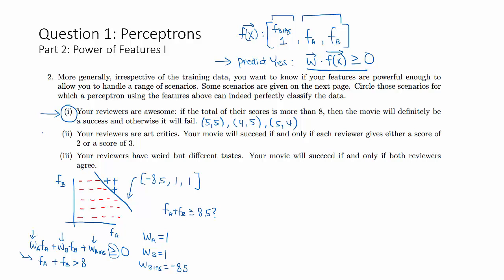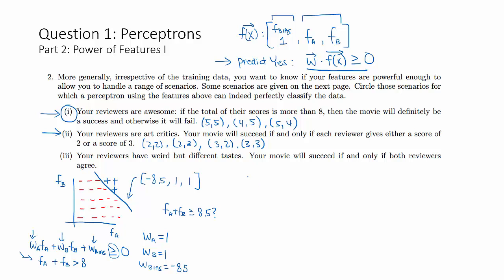Let's move on to the second subpart, which says that the movie will succeed if and only if each reviewer gives either a score of 2 or 3. Well, the points where the movie will succeed are if the movie is on the coordinates (2,2), (2,3), (3,2), and (3,3), because in these four coordinates, both reviewers gave it a score of 2 or 3, and for any other coordinate, well, at least one reviewer didn't give it a score of 2 or 3.